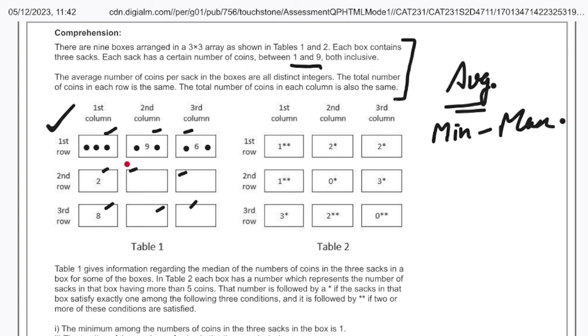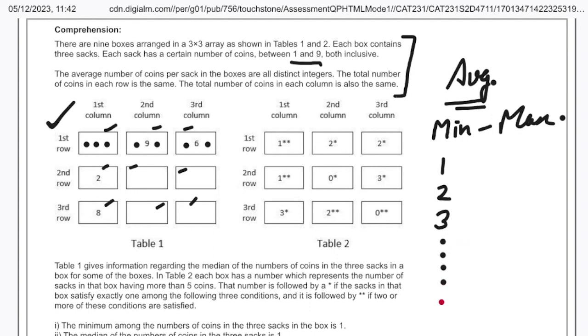So that means when they have 9 boxes, 9 different averages, and they all are distinct integers, one of these boxes has an average 1, another will have 2, 3, and so on. They will be having till 9. Now, this is the average per sack.